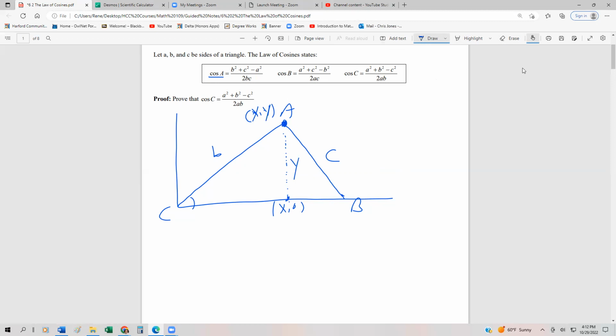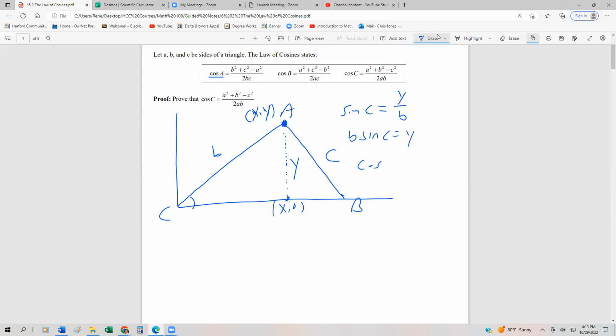Using the basic definition of the sine of C, which is the opposite over the hypotenuse, we get y over b, or b sine C is equal to y. Then we could also find the cosine.